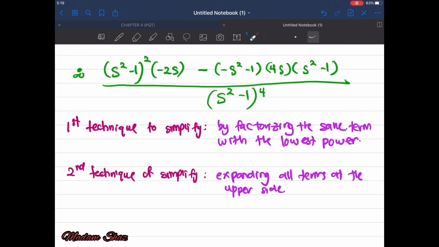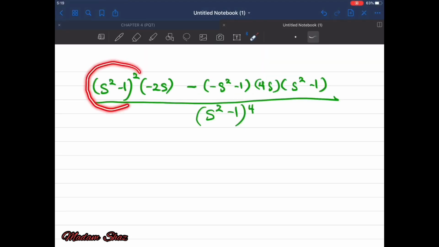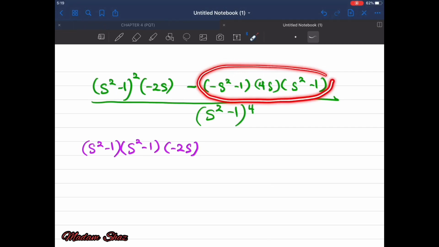Okay, so expand means that you will expand everything that you have at the upper side here. So now we have to expand s square minus 1 with the power of 2. S square minus 1 the power of 2 will become s square minus 1, s square minus 1. So it will become 2 brackets now. Multiply with the negative 2s. So this one, you have to multiply with the 4s first.